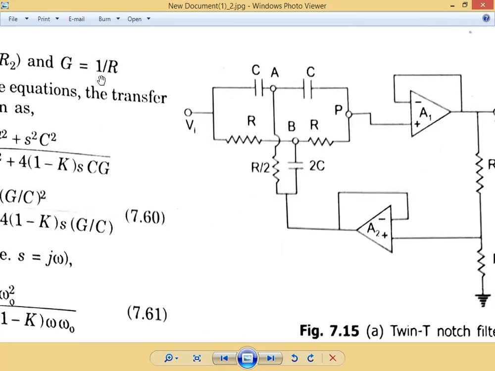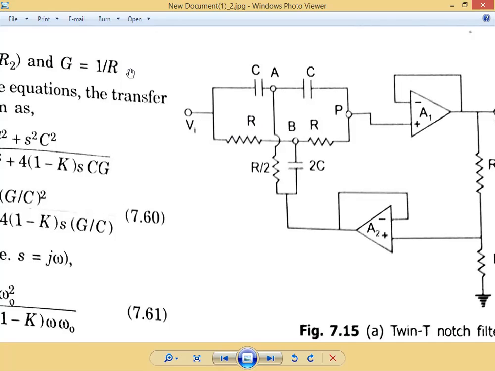And conductance G is equal to 1 by R. In this path the resistance R is also there, so we are going to consider it as conductance, as we know the reciprocal of resistance is nothing but conductance.